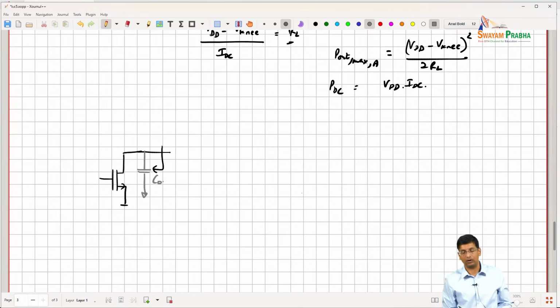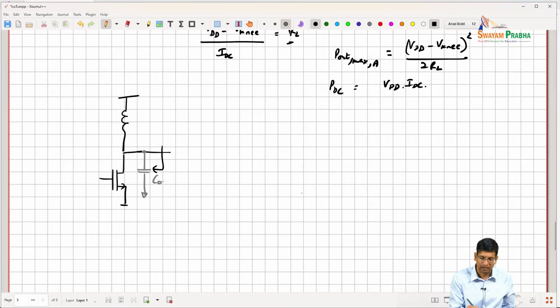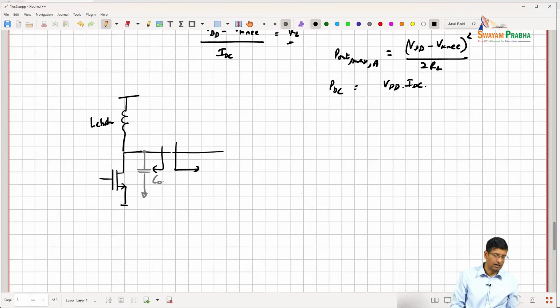Let's call that C naught, right? And so when I am trying to figure out what is the best load that needs to be presented here, what I end up finding is that all of my assumptions were based on the fact that all the current went through this capacitor and then went out into my load.